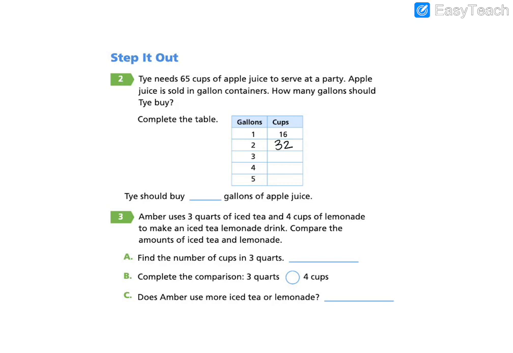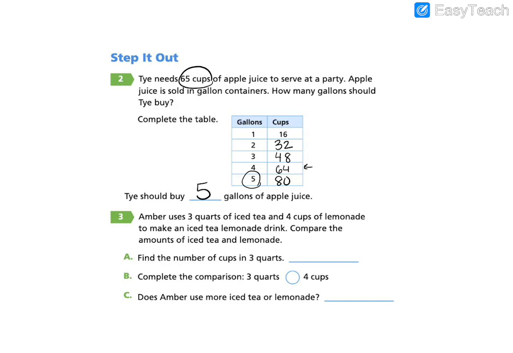Pause the video if you need any more time. So 3 gallons would need 48 cups, plus 16 more would get us to 64 cups, plus 16 more would get us to 80. If he needs 65 cups, 64 is really close, but he's not going to have enough. So Ty needs to buy 5 gallons of apple juice.